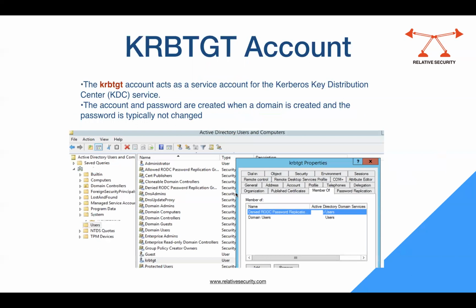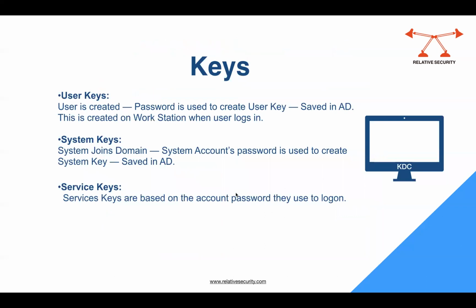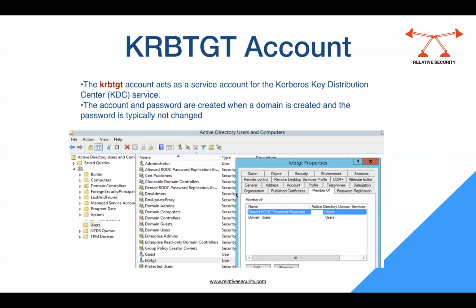There's one more concept before we dive in, which is the KRBTGT account. Just like we talked about, when a user is created, the password is used to create the user key. The KRBTGT account is a service account for the key distribution center. The account and its password are created when a domain is created in the environment.